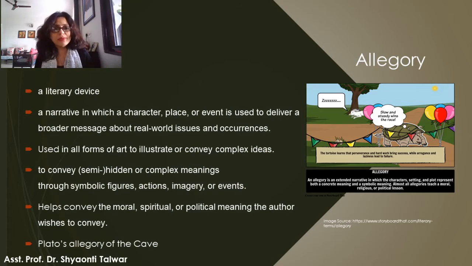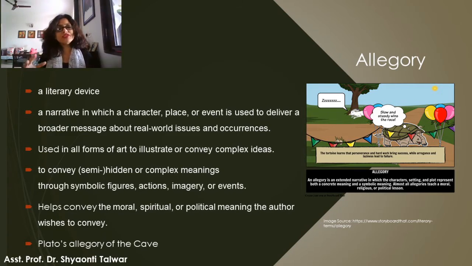So, writers use allegory as a literary device, a technique in which the narrative has either the characters or the plot or the events which are used to deliver a broader message, right?